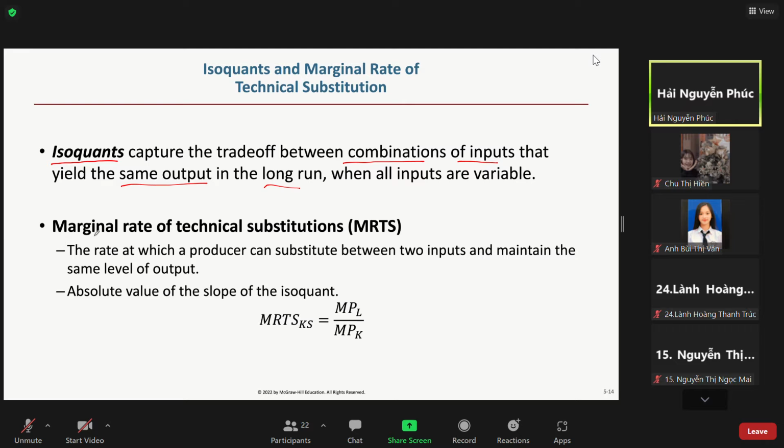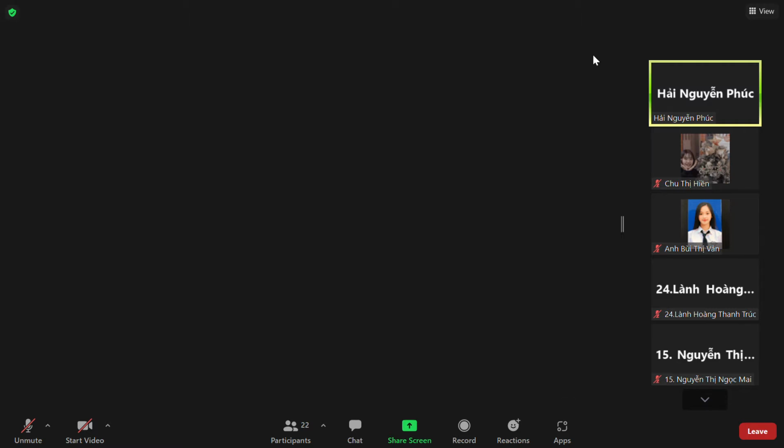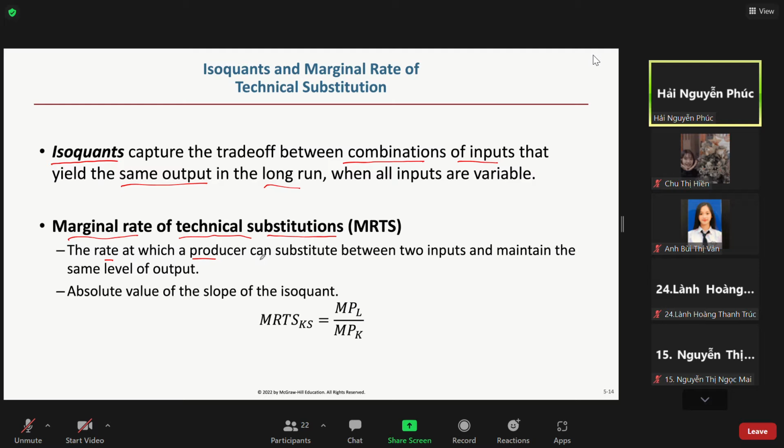The next concept is the marginal rate of technical substitution. The marginal rate of technical substitution is the rate at which the firms can substitute between the two inputs, maintaining the same level of output.